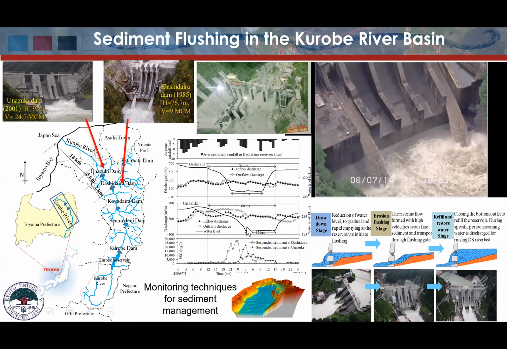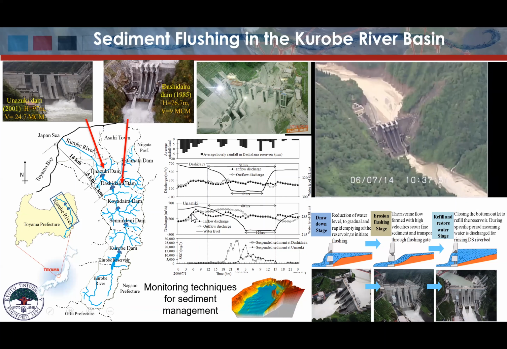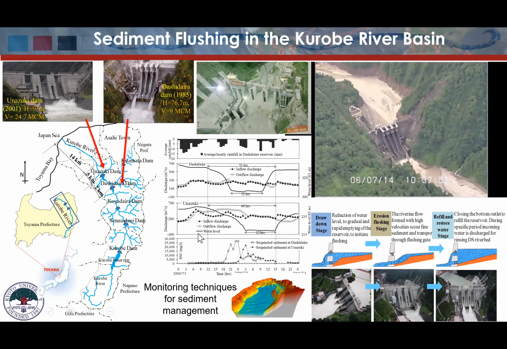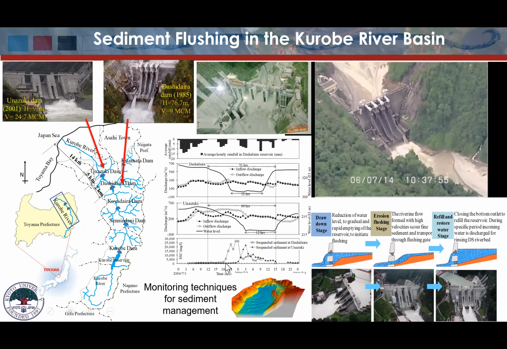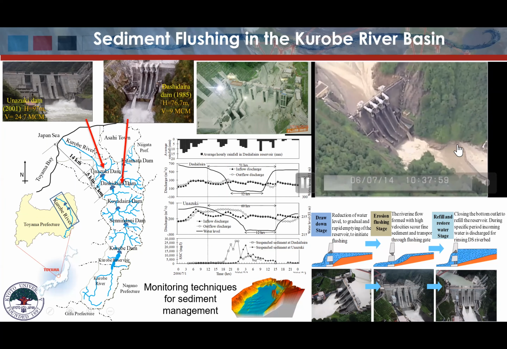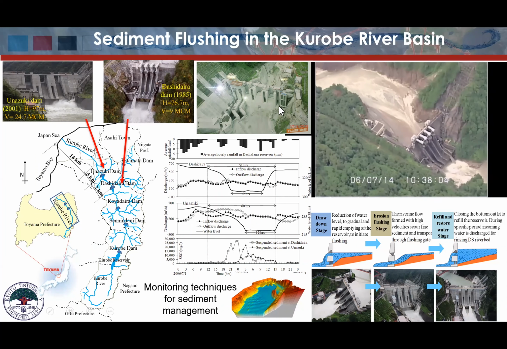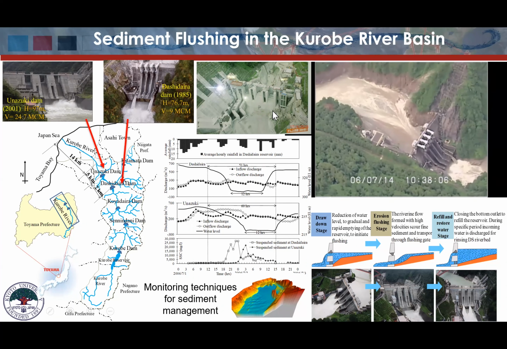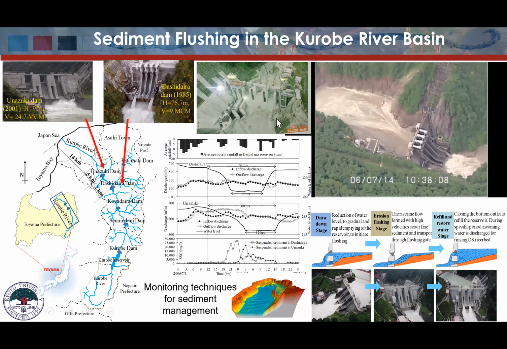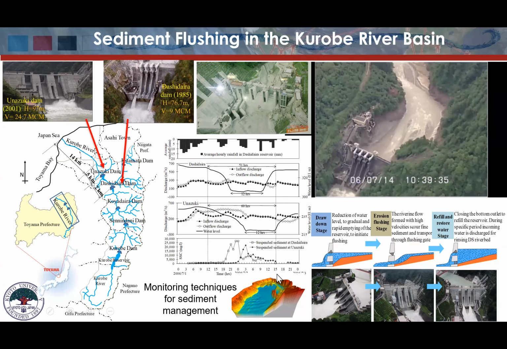The other dam does the same, and we could measure the inflow discharge, outflow discharge, and water level. At the same time, the important thing is to release high suspended sediment concentration and to monitor this. This is the picture where the dam has completely no water in the reservoir, and we could measure many things.